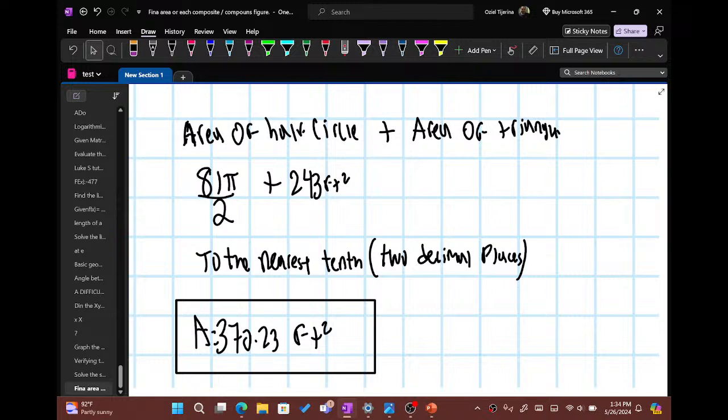I had to put my calculator to charge because it's low battery. Okay. Give me a second.